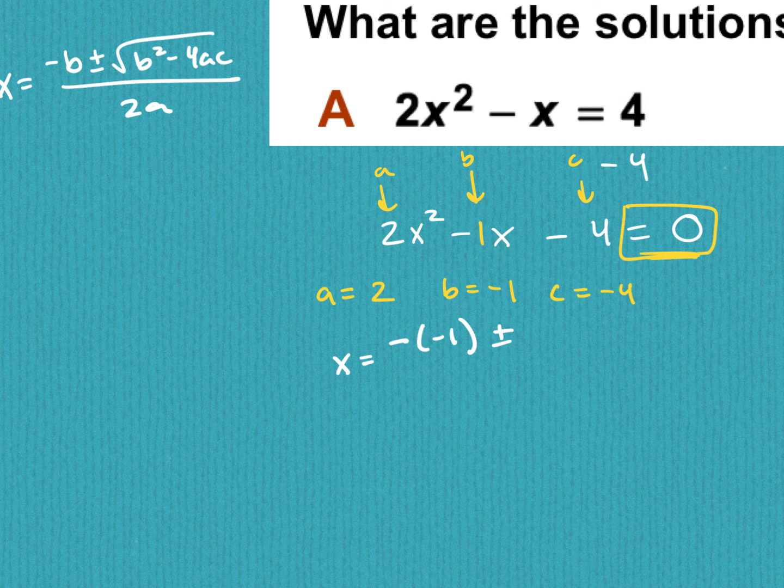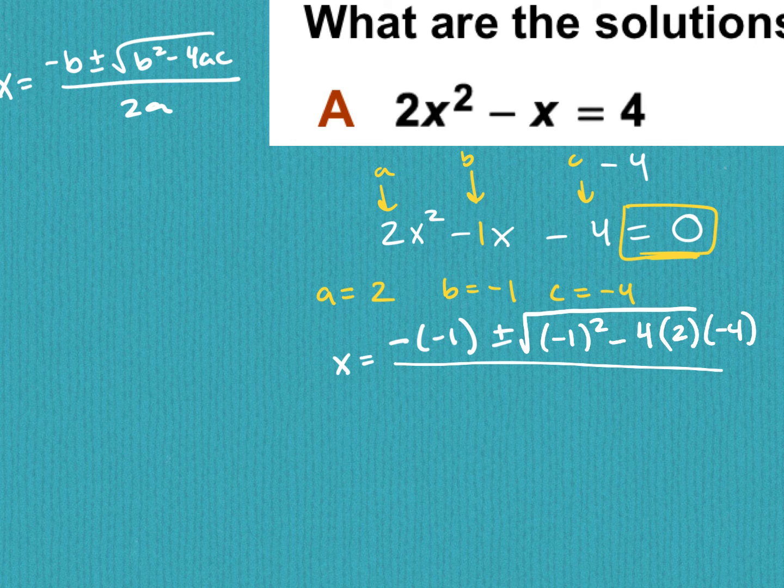When we simplify, I'll fix it then. But if you want to, right off the bat, make it positive, because you know negative 1 turns positive, you can just do it in the first step. So plus or minus the square root of b squared, so negative 1 squared, minus 4 times a times c, so 4 times 2 times negative 4, over 2 times a, which is 2.